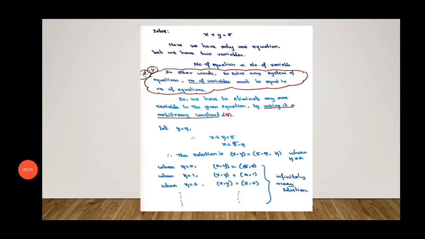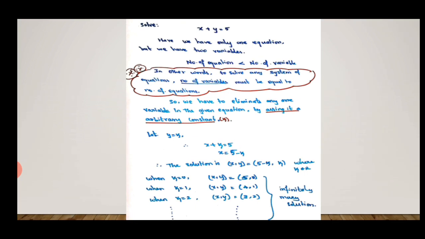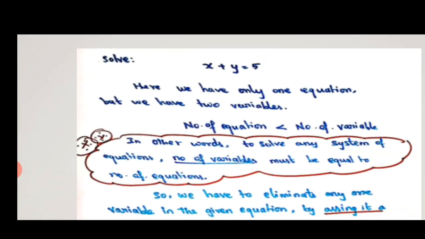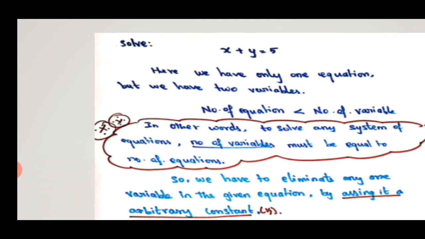Before starting the session, I want to give you one hint: solve x plus y equal to 5. I have given only one equation and I am asking you to solve. Is it possible to solve this equation x plus y is equal to 5? No. The reason is, here we have only one equation, but in the equation you can see we have two variables. Whenever equations are given, first see how many variables are present in it.